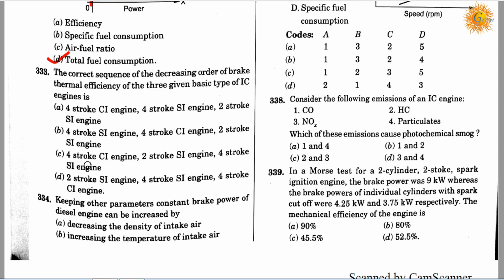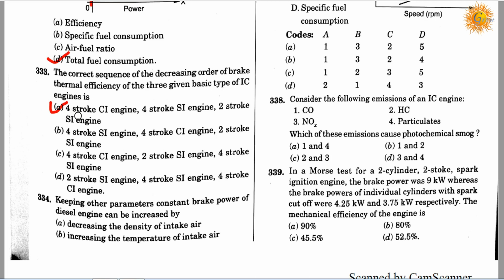Option C, 4-stroke CI engine, 2-stroke SI engine, and 4-stroke SI engine. And option D, first 2-stroke SI engine, then 4-stroke SI engine, and then 4-stroke CI engine. So the correct answer will be A.